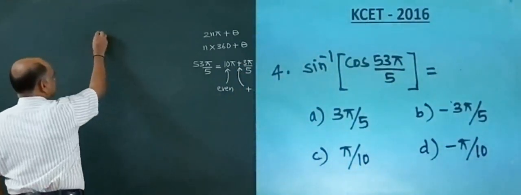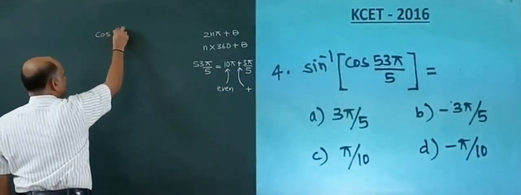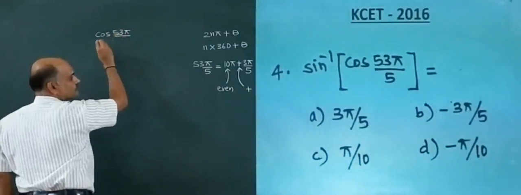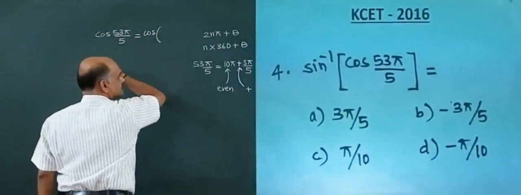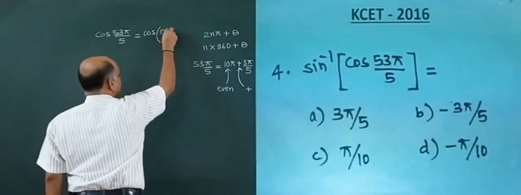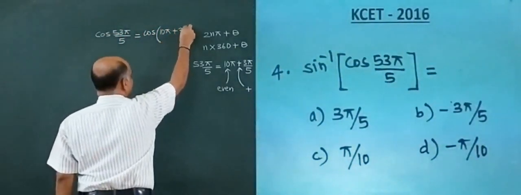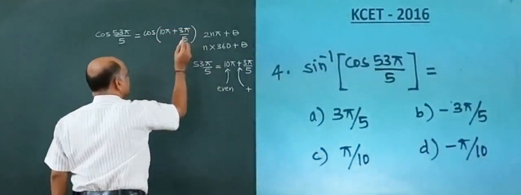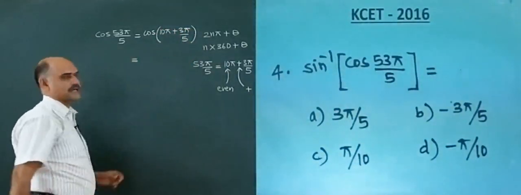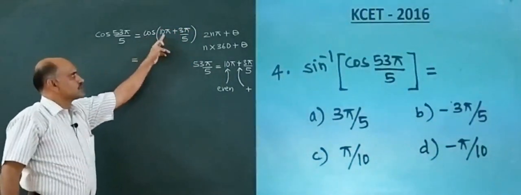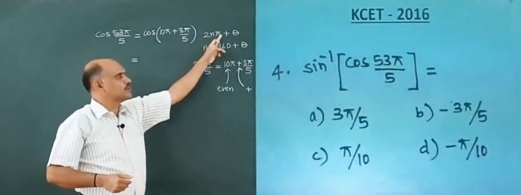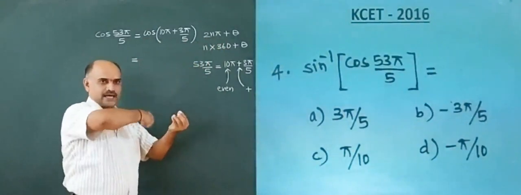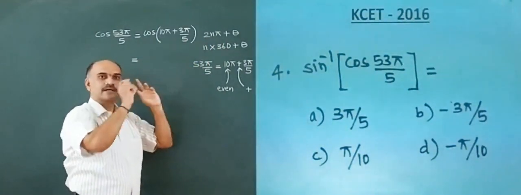So cos 53 pi by 5, I can write it as cos of 10 pi plus 3 pi by 5. If you write it in the form of 2n pi plus theta, again you are going round and coming to the same value.